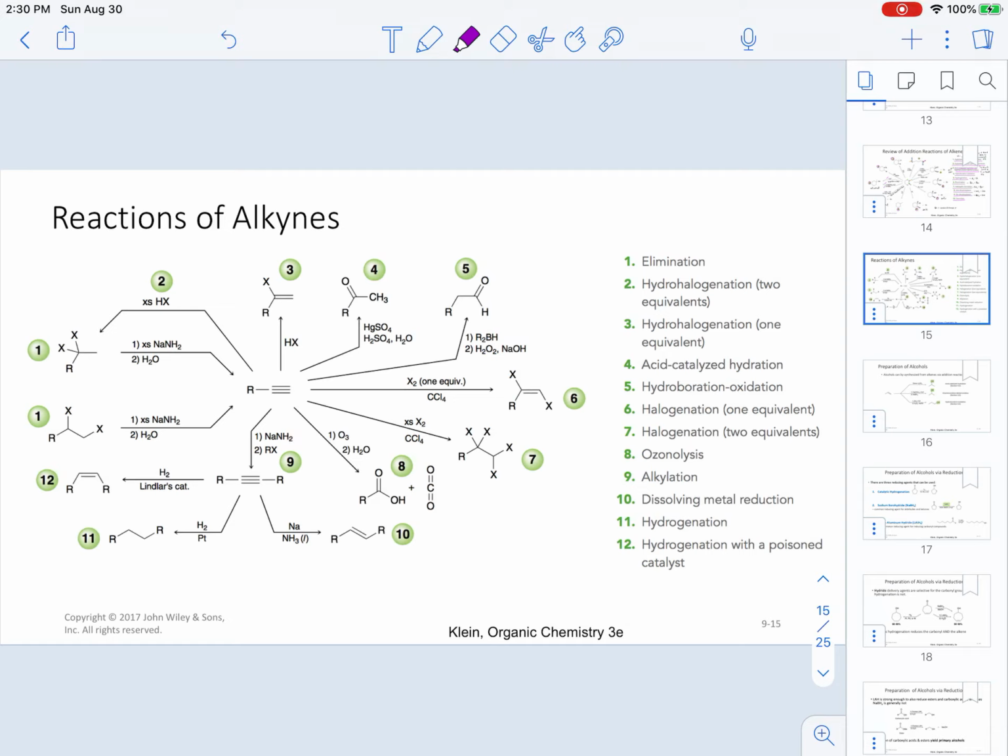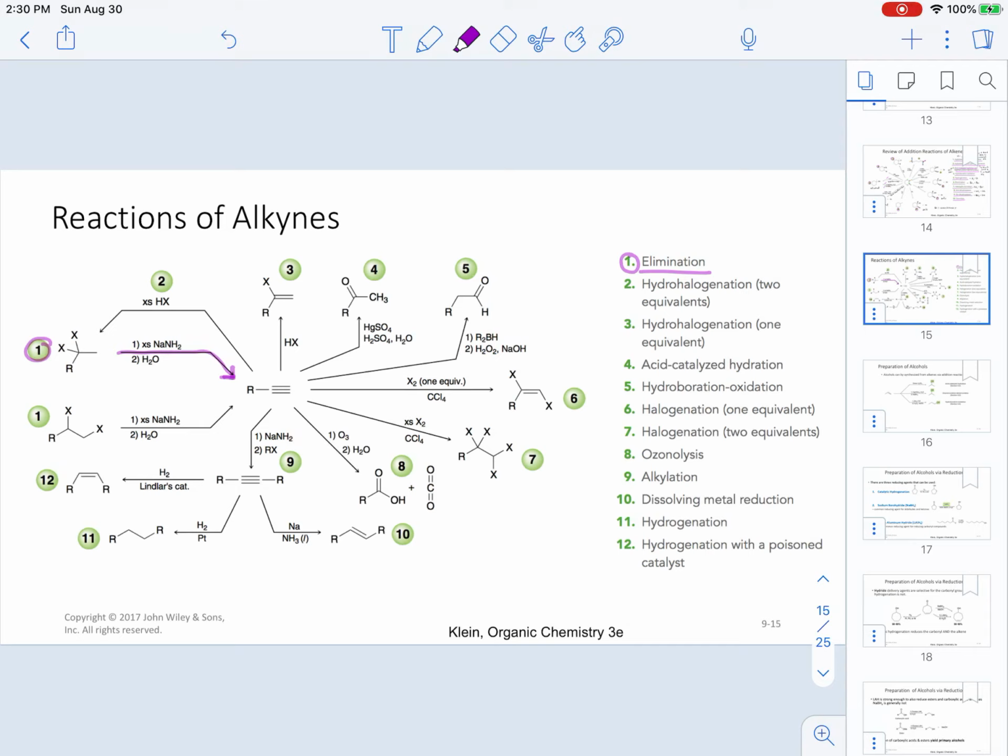As you can see, reaction number 1 is going to be the elimination reaction. In this elimination reaction, the bond is where we have the formation of an alkyne.